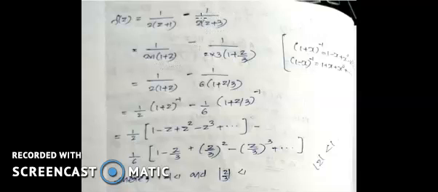In the second term the constant is 3. Taking this 3 outside, 1 plus z by 3. So 2 into 3 into 1 plus z by 3. So after taking the constant outside, 2 into 1 is 2, 2 into 3 is 6.